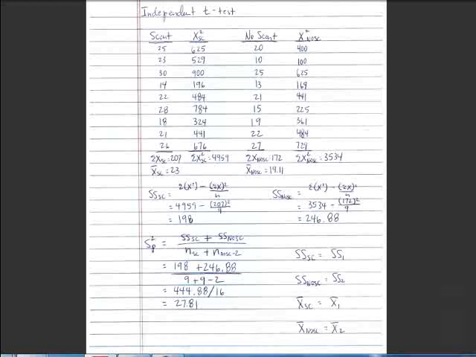If you're interested in a definition or more of a description of pooled variance, a way to think about it is that SP squared is the average of the two sample variances. Think back to the first week or so of this class. How did we go from variation or sums of squares to variance?